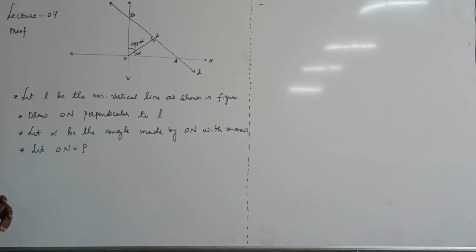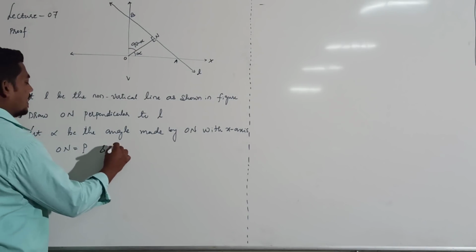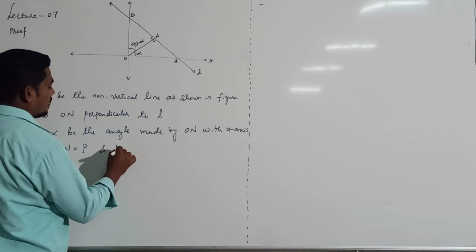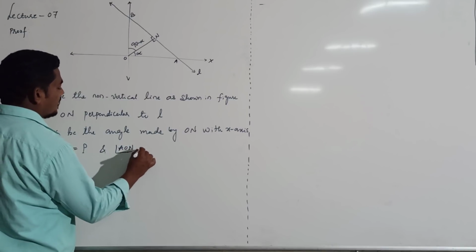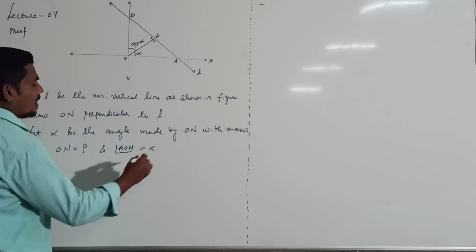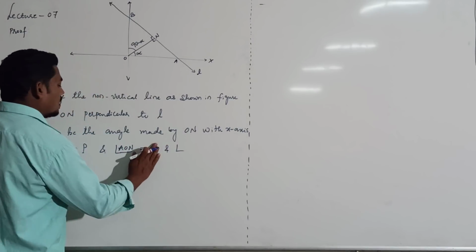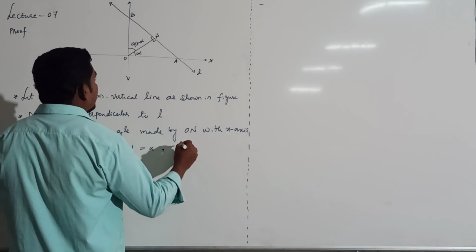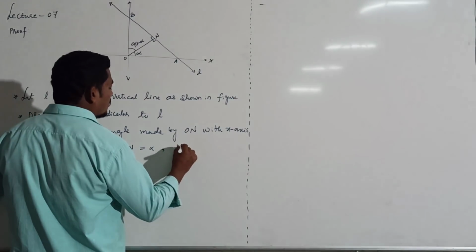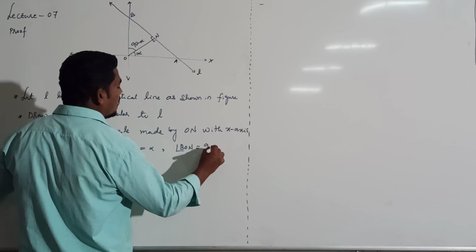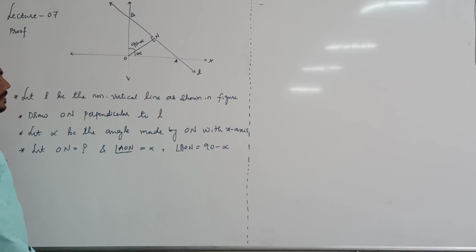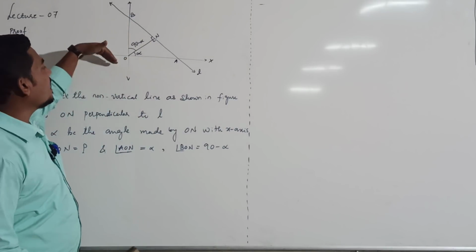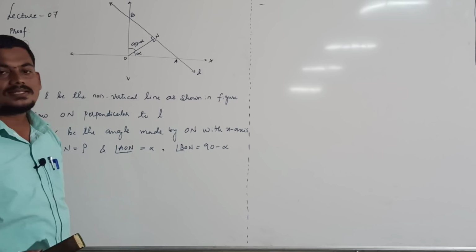It is a right angle triangle, and angle AON is equal to alpha, and angle BON is equal to 90 minus alpha. Angle AOB is equal to 90 degrees. In that, AON is equal to alpha means the remaining angle is 90 minus alpha.